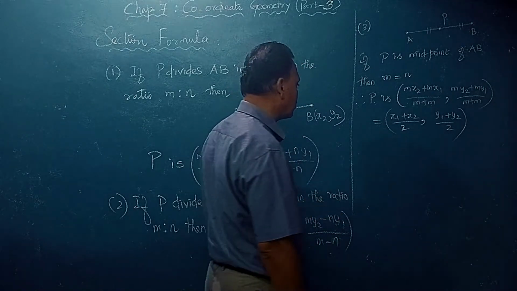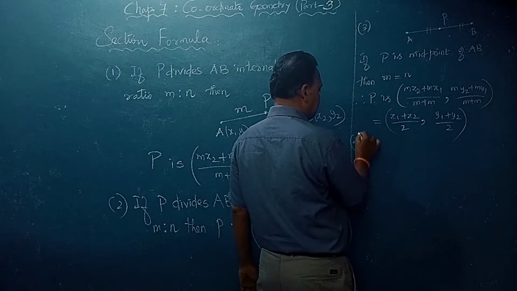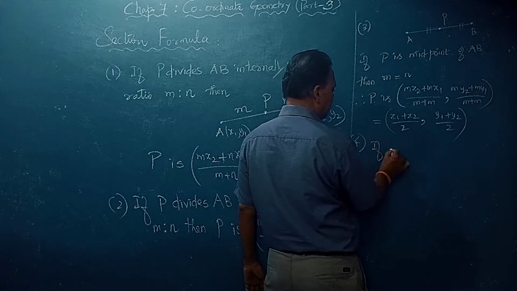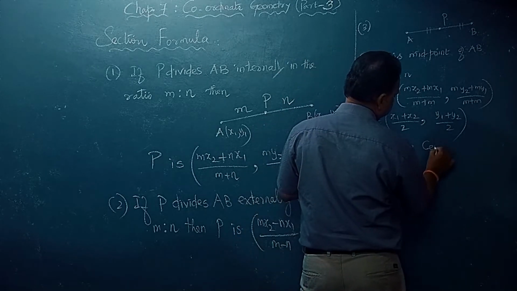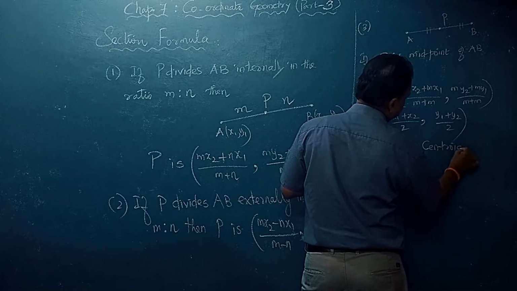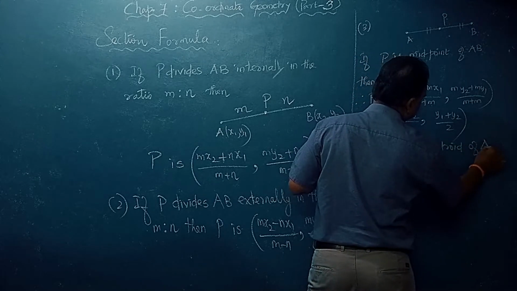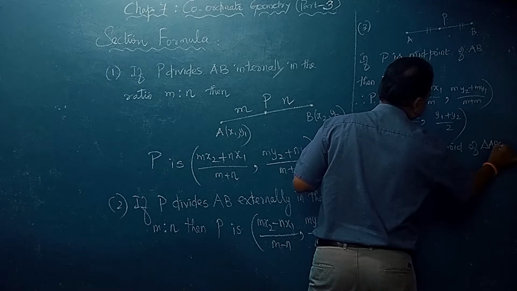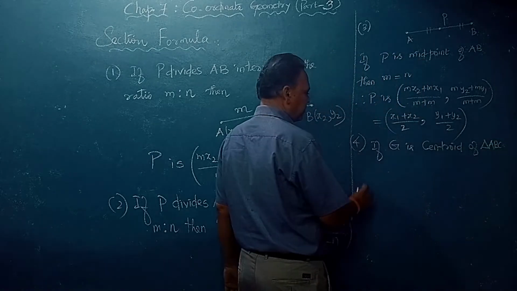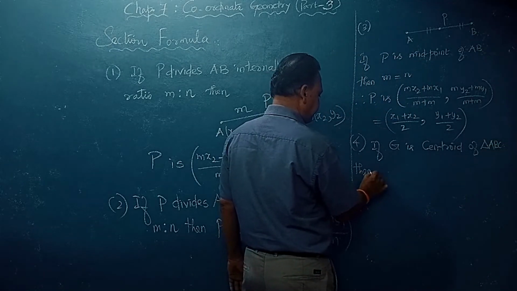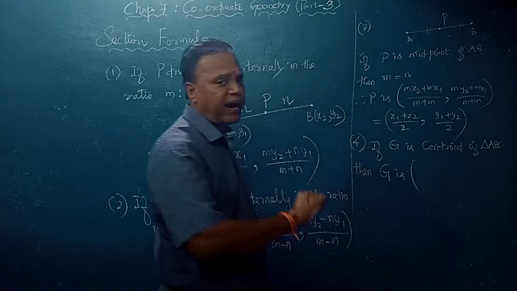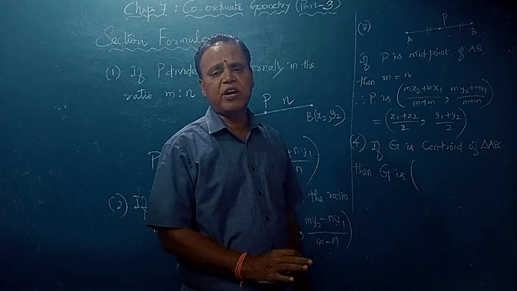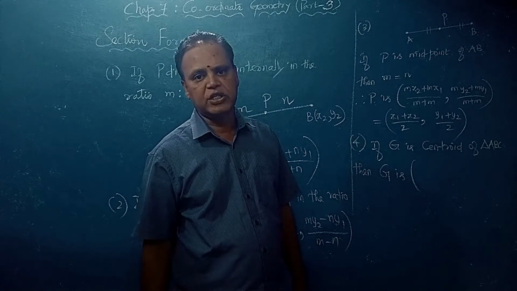Then one more formula, the fourth formula: if G is the centroid of triangle ABC, then G is, add all the x coordinates, because triangle means we have three coordinates.